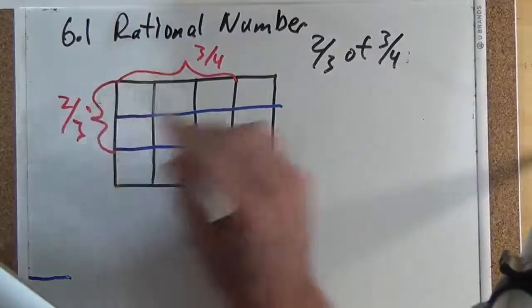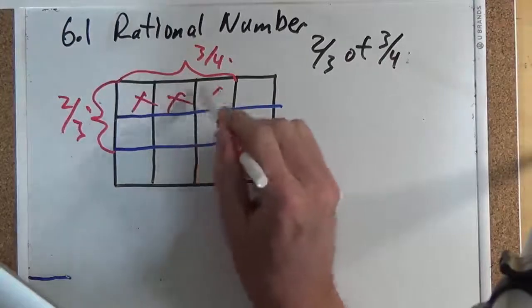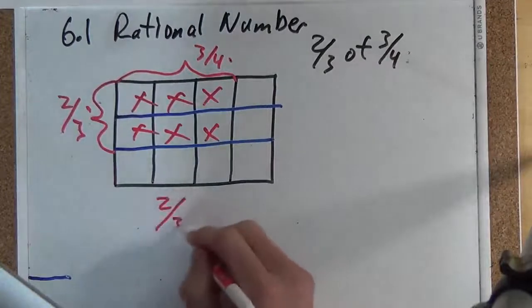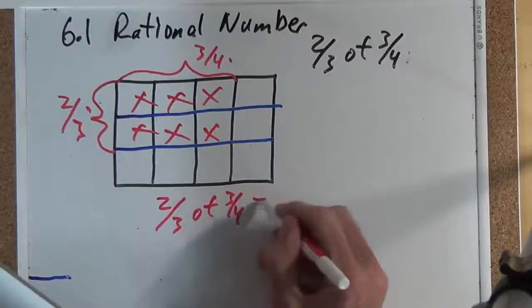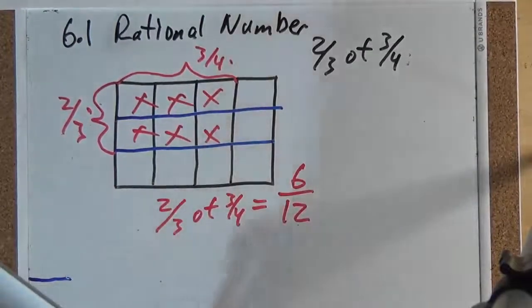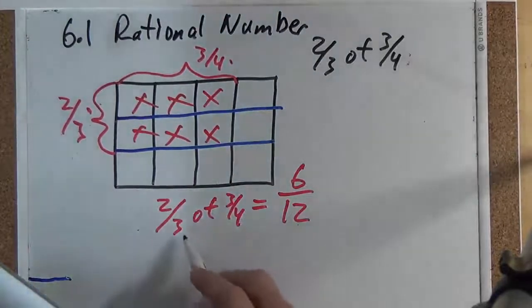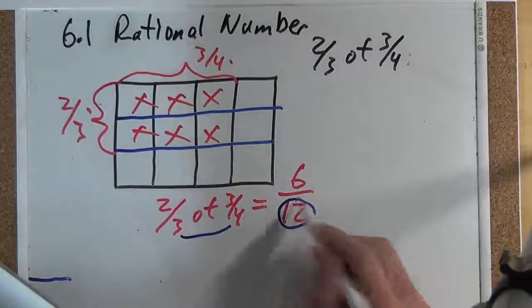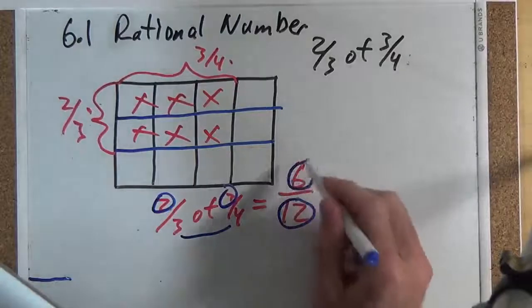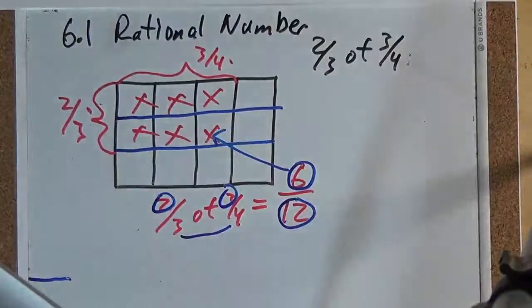I want 2/3 of my 3/4. That's this many. So 2/3 of 3/4, notice I got 6/12. 3 times 4 gave me the total number of pieces I had. 2 times 3 gave me the number of parts I selected. So that's where we're going, to find a deeper understanding of fraction multiplication, addition, and division. So that's the end of this part.